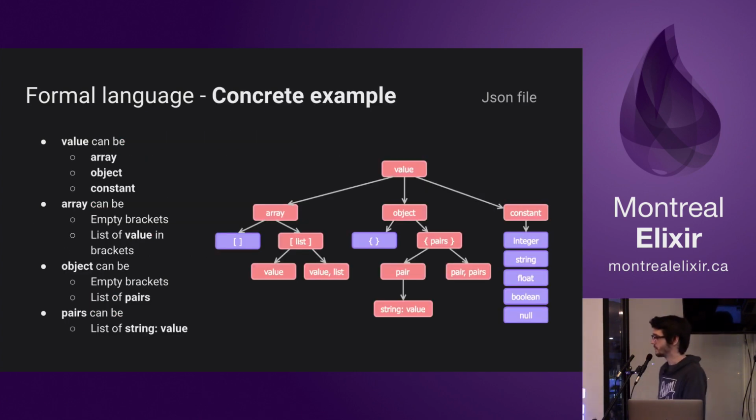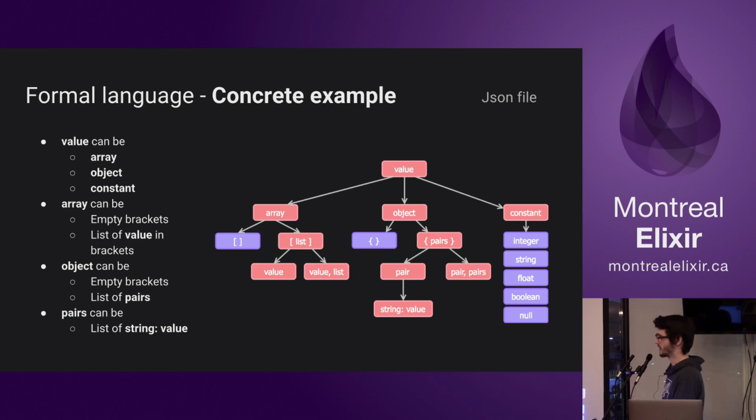So if we look at the tree we have here, it is the syntax of a JSON object. We have the reductions represented by the arrows. We have pink squares, which are the non-terminals, and blue squares, which are the terminals. So for instance, a value can either be an array, an object, or a constant, which can be integer, string, float, boolean, and null.